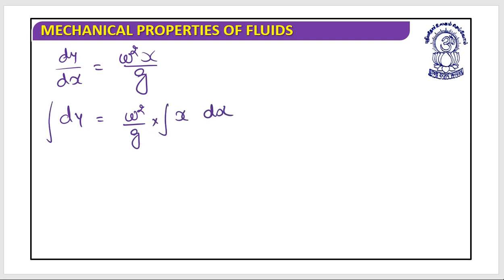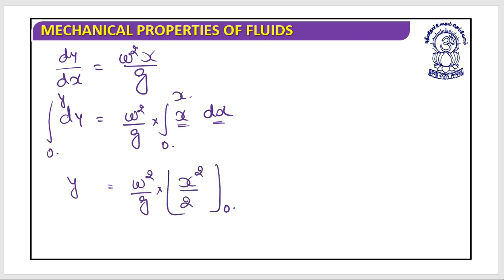Let's integrate on both sides, from 0 to y and from 0 to x. Integration of dy gives y, which equals omega square by g into the integration of x dx, which is x square by 2, from 0 to x. So y equals omega square x square divided by 2g. This is y. I hope this is clear.